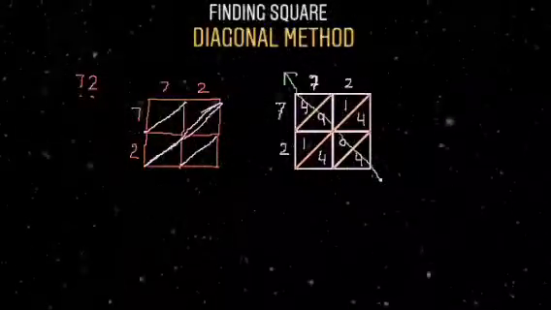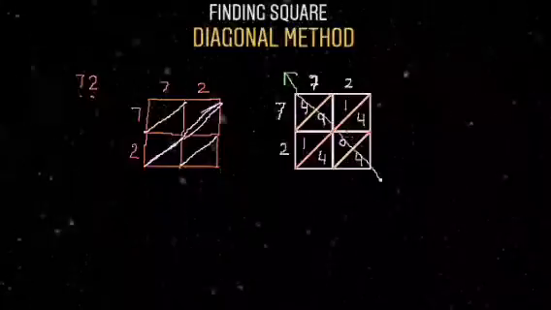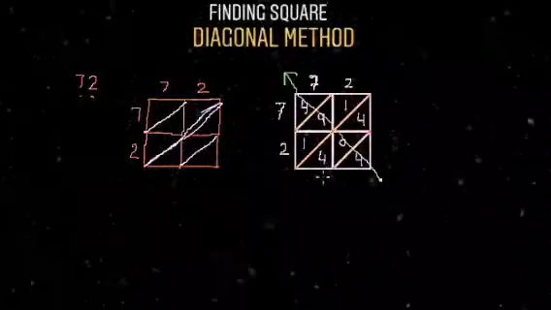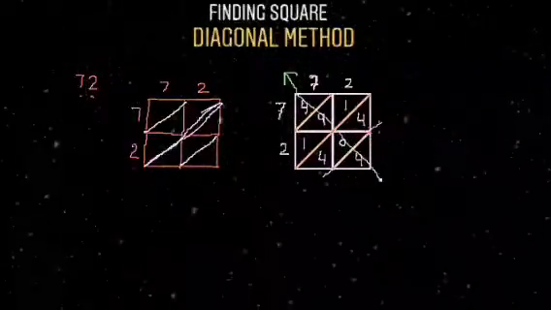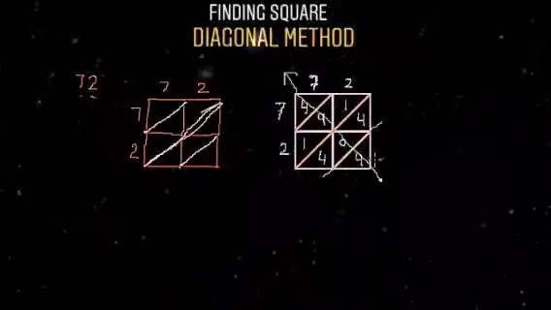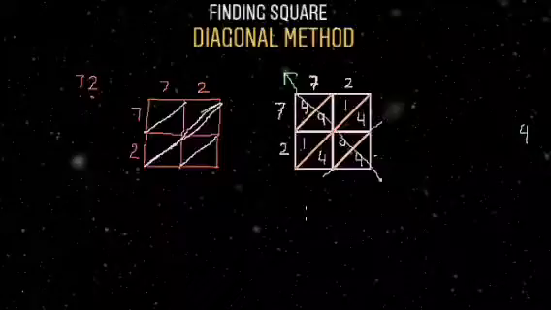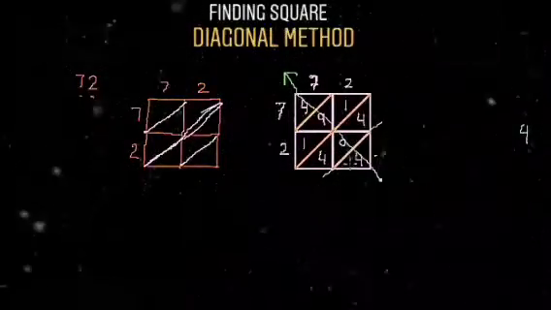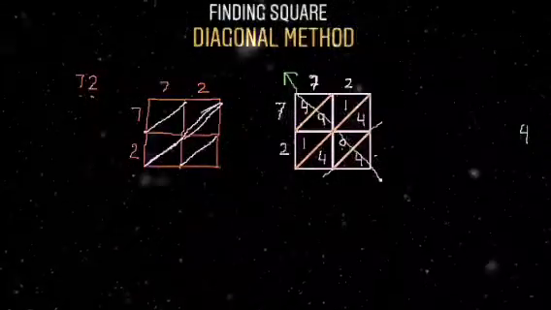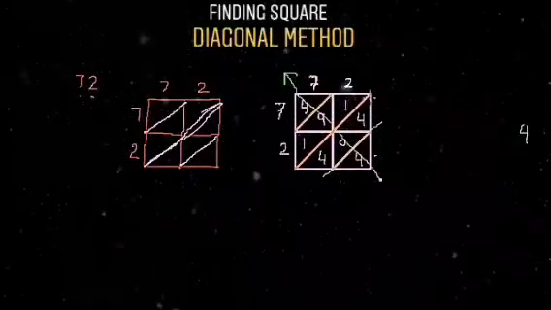We talk only about the diagonals. For the first diagonal, the number below is only 4, so we write only 4 as our first digit. Clear?